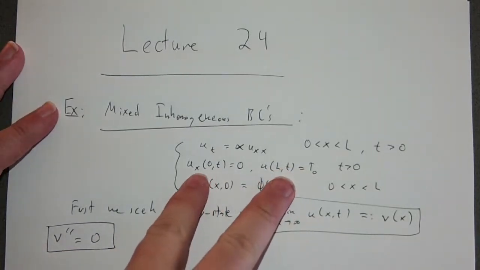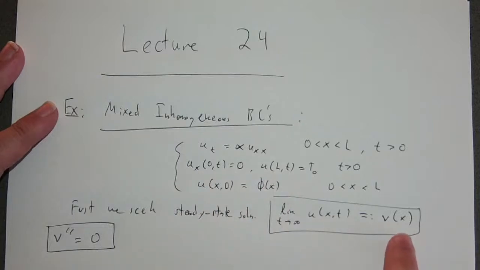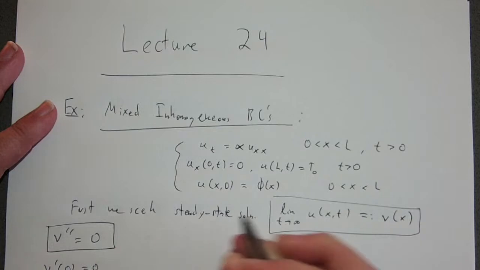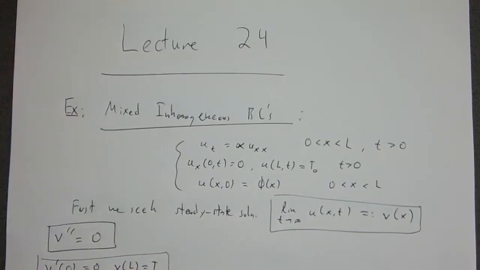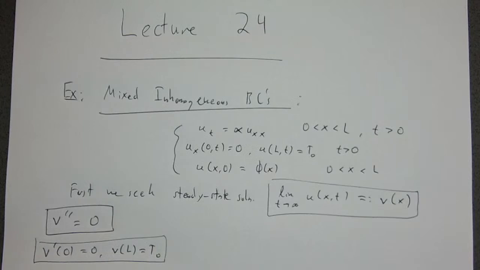These boundary conditions for the steady state solution give us v prime of 0 is 0, and v of L is equal to T naught. So those are my conditions on this ODE for v.